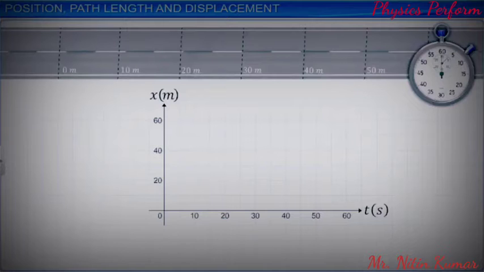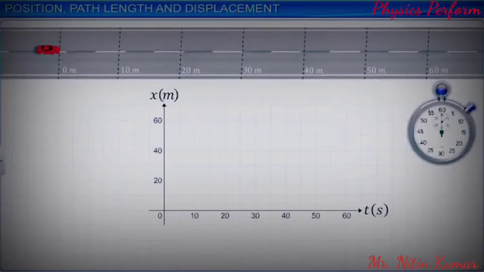The graph will be a horizontal line passing through the 40-meter mark on the y-axis. Case 2. If the car starts at point 0 and covers equal distances in equal intervals of time along a straight line, the graph will be an inclined line.